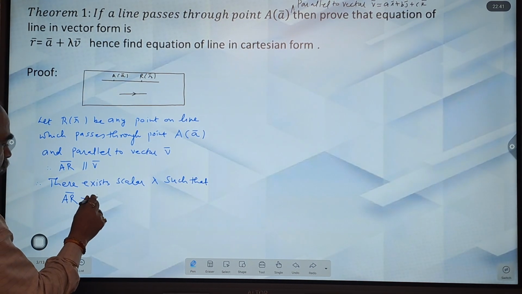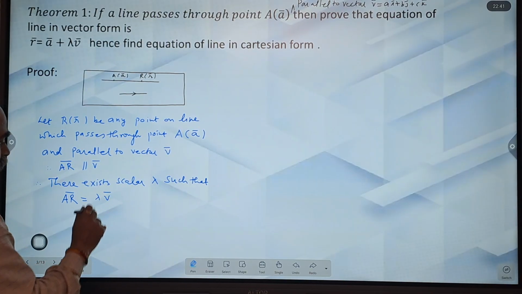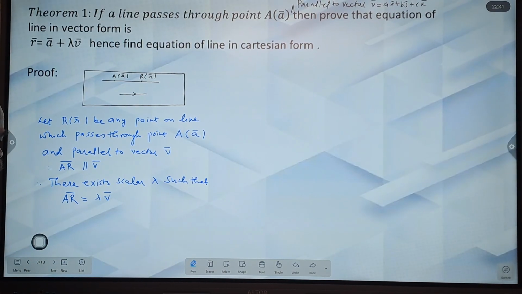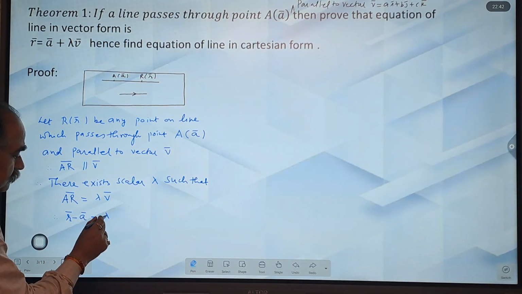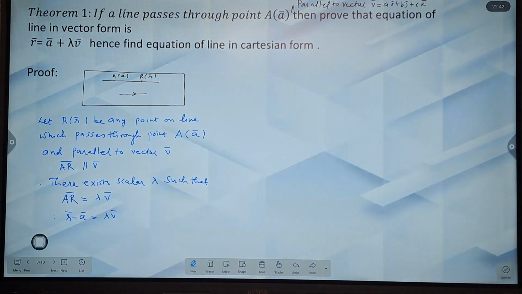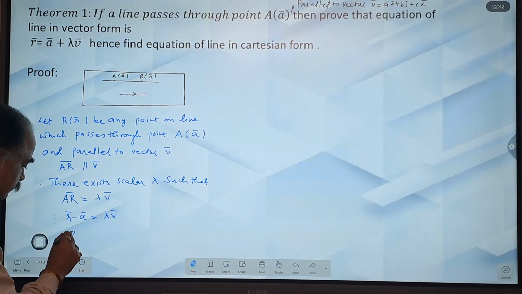AR bar is what? Lambda times V bar. AR bar is what? R bar minus A bar is equal to lambda V bar. So R bar is what?